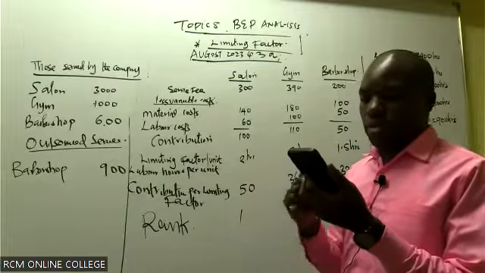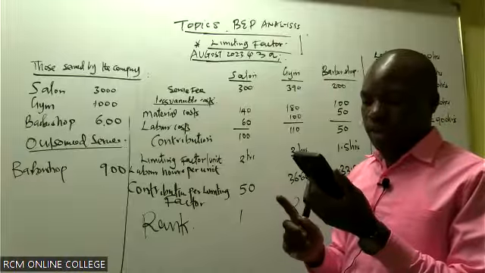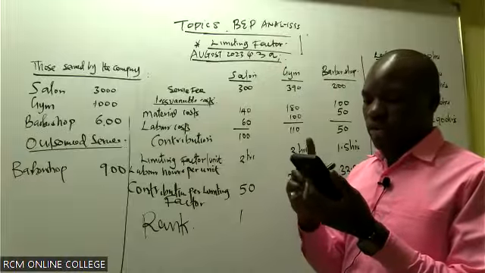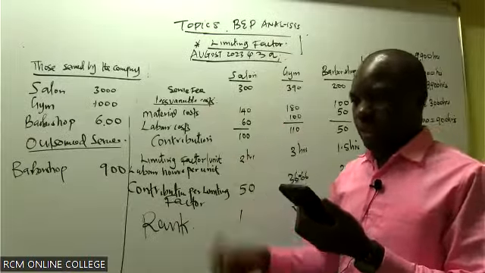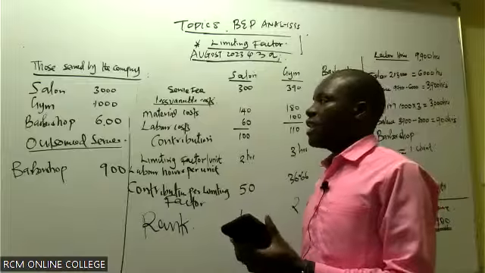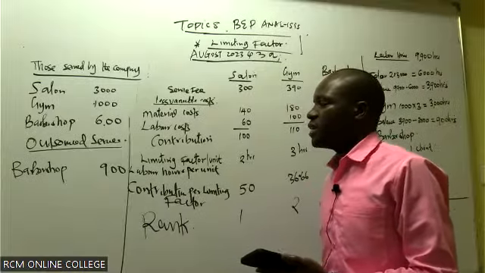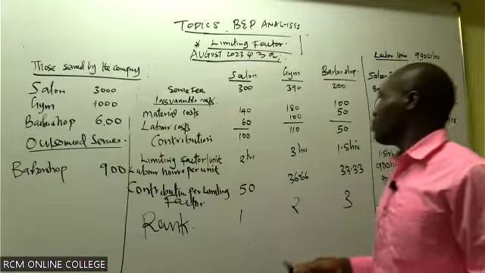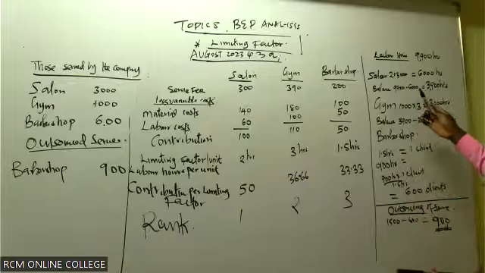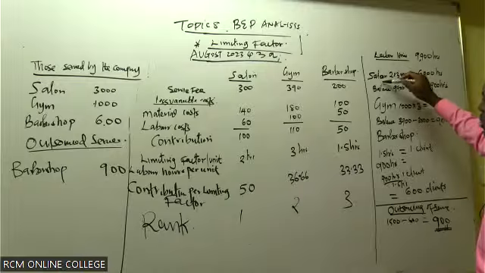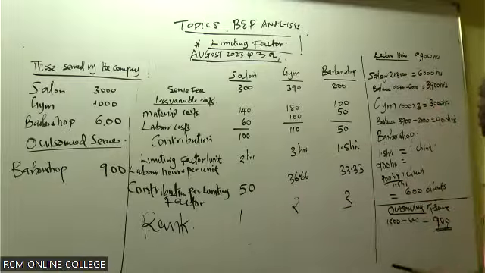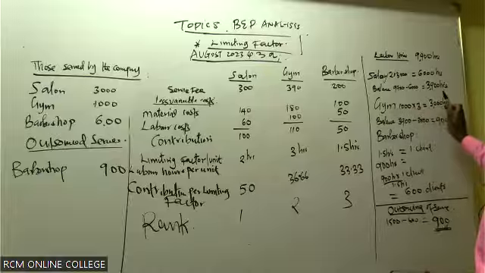Roman 2: prepare the limiting factor mix schedule to show the number of clients per service that maximizes the profitability. The number of clients per service that maximizes profitability. We have finished with it here. So I'll just come here and say, salon, 6,000, all of them will be served because I've done ranking. Then I go to gym, I have a balance of 3,900, but gym needs 3,000.